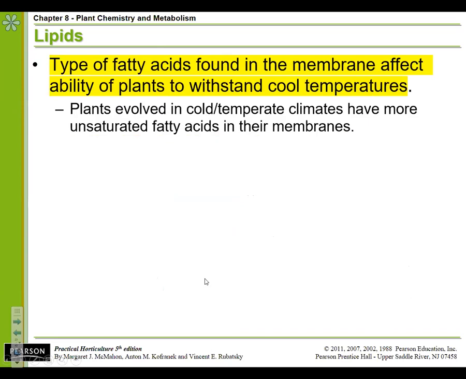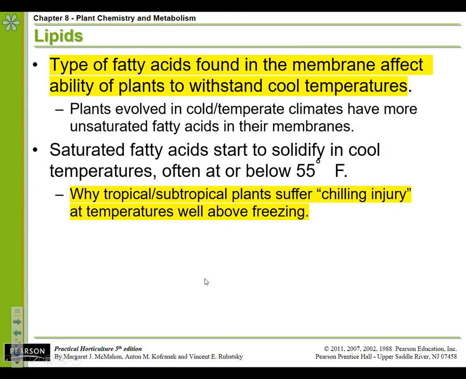The type of the fatty acids that are found in that membrane affect the ability of the plants to withstand cool temperatures. So those plants that have evolved in cold or temperate climates have more of the unsaturated fatty acids in their membranes. The saturated fatty acids will start to solidify in cool temperatures.